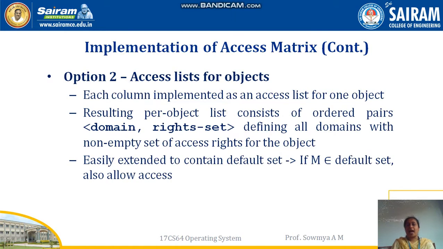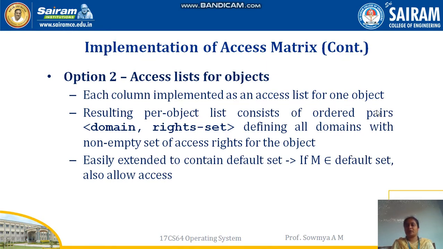The second method is the access list for objects. Instead of providing one global table, divide the table based on objects. For every object create one table, so one object will contain one column. Each column implements an access list for one object.